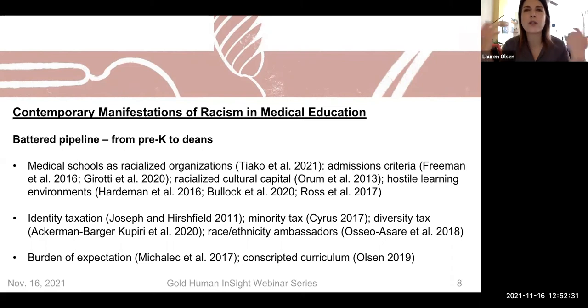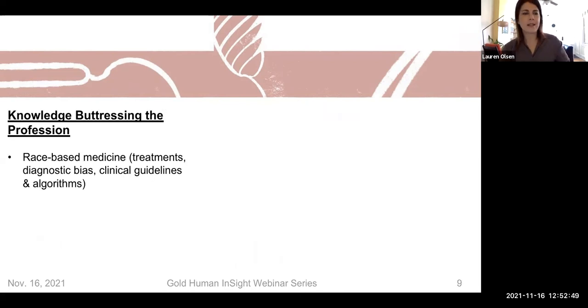So again, thinking about what students learn in the context of the classroom, this is the next lane that I want to stay in, rounding out the view of contemporary manifestations of racism in medical education. So this is, again, thinking of the knowledge buttressing the profession. I talked about historically, with some of these horrific experiments, that there was a real quest or a real push to try to find or identify race as biological.